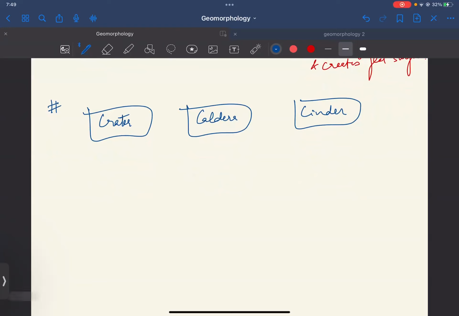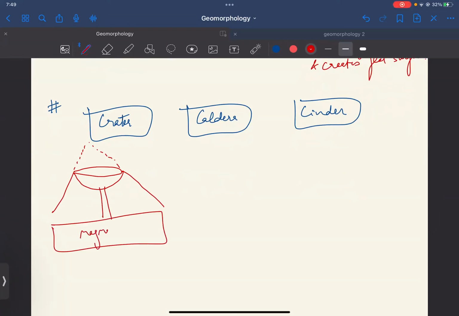It is just a bowl shape or depression shape. So it will look like this. See, earlier it is supposed to be like this, a full mountain, but what is happening? It appears like a depression shape, where the center is connected with the magma chamber. So basically it looks like an inverted cone shape.